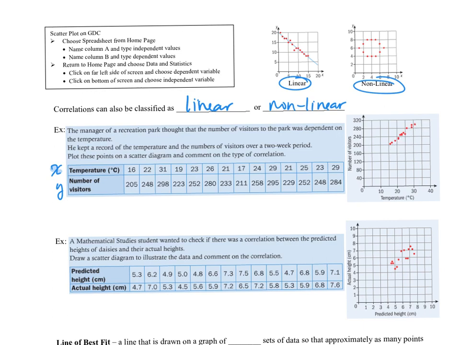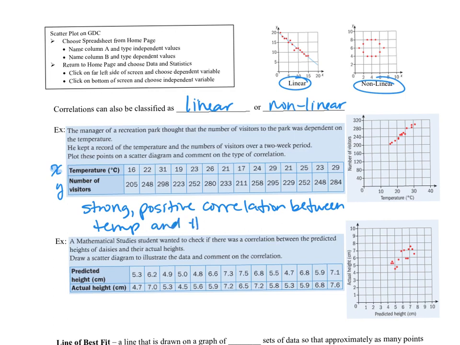So we can say that there is a strong positive correlation between temperature and number of park visitors.